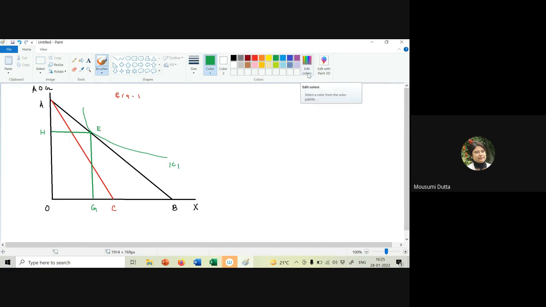The equilibrium point shifts to E prime.